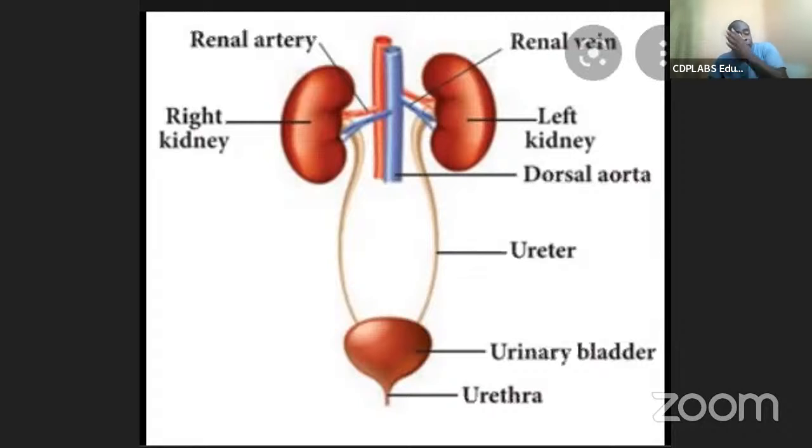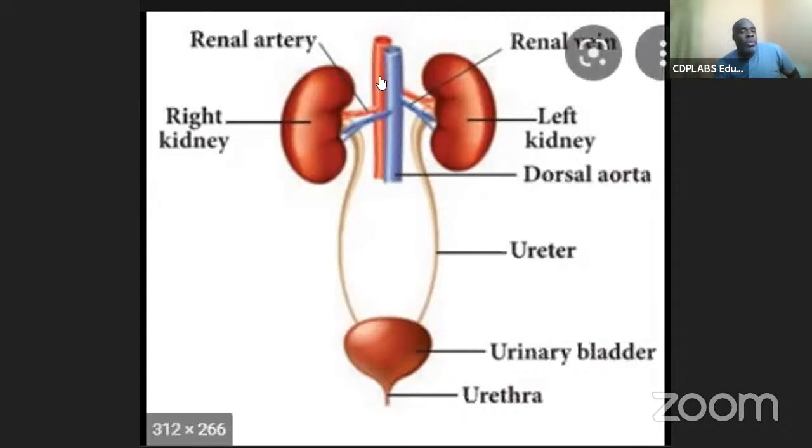The word renal is again an adjective, and the word vein is used as a noun. The renal artery is describing carrying blood to the kidney. The renal vein is describing carrying blood away from the kidney. Make sense? So easy that was.